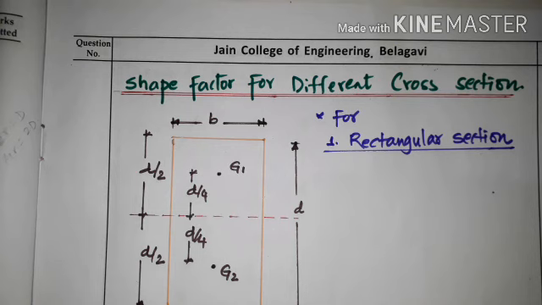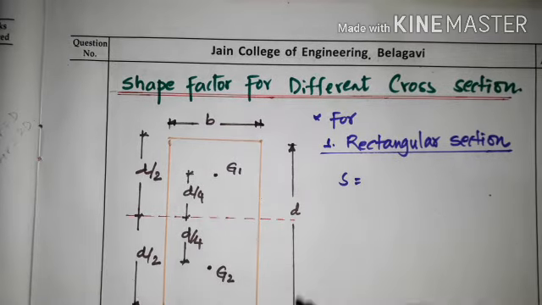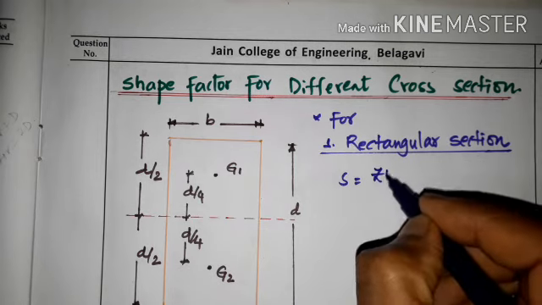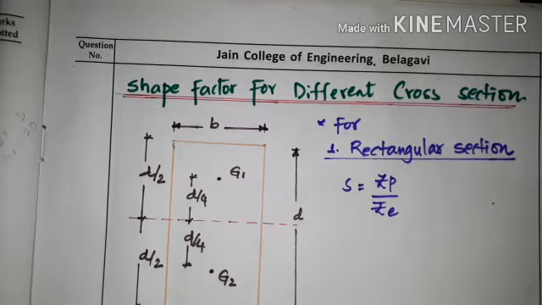The shape factor is the ratio of plastic section modulus to the elastic section modulus, ZP by ZE.